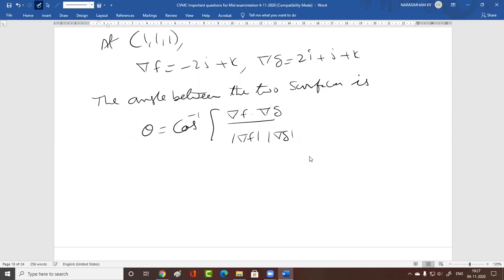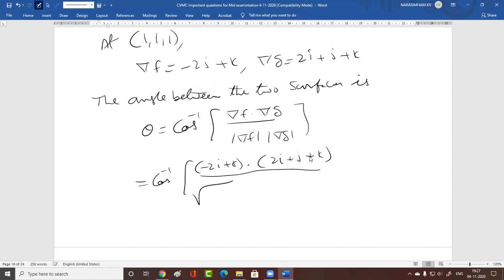Okay. Cos inverse of del f, that is minus 2j plus k, dot product 2i plus j plus k, divided by mod del f, which is root of 2 squared plus 1, and mod del g, which is root of 2 squared plus 1 plus 1.